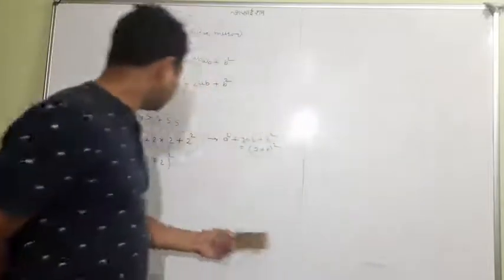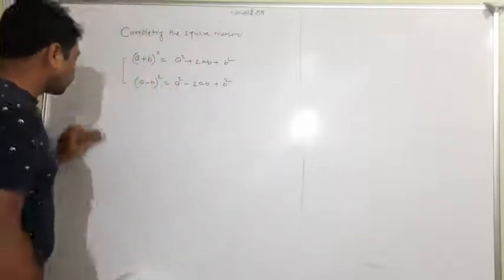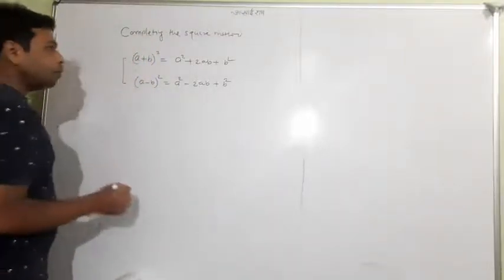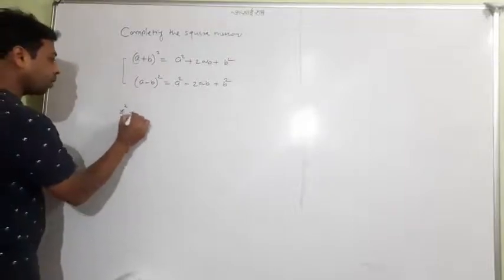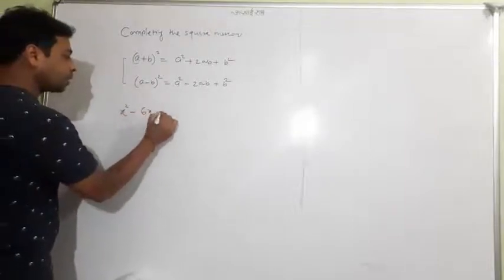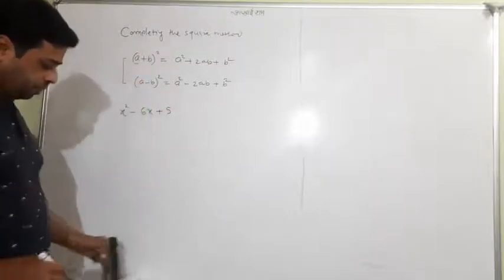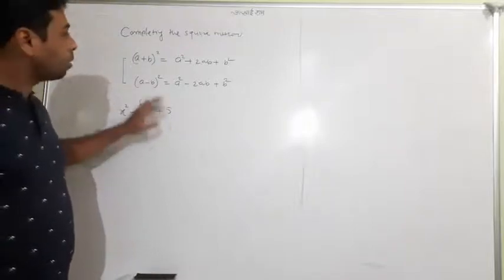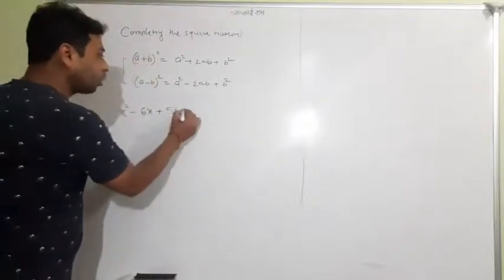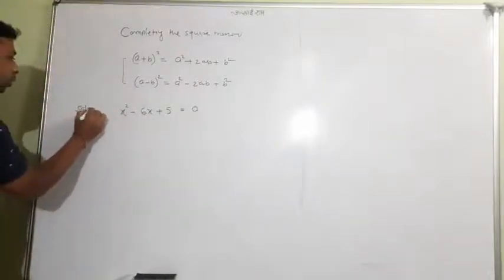Okay, suppose the question is, again an easy question I'm taking here so that you can understand. Suppose the question is x square minus 6x plus 5, and you want to make it a perfect square. Suppose it is equal to 0, it is a quadratic equation and the question says solve.